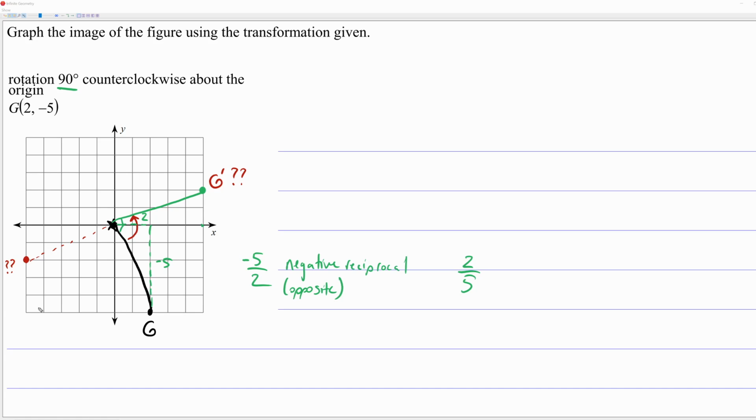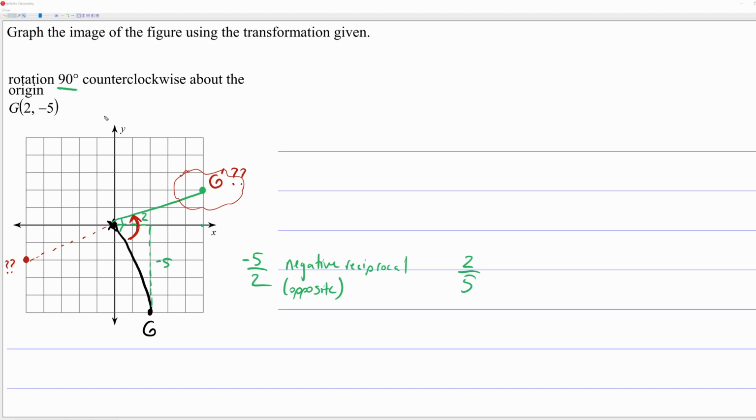And that's where you do have some geometric intuition as to what the problem asked. We want it to go 90 degrees counterclockwise. Well, counterclockwise is this way with the arrow that I drew earlier. So I know that G prime is in this general area because this is 90 degrees.